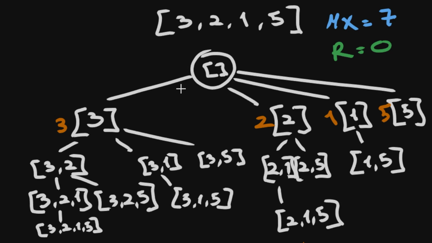So let's say we are trying to visit every node here, and we start from here, from top left. And we are visiting every node we can touch from the left side. So we start from the root, and we continue, and now we can touch this node from the left side, so we visit 3. The bitwise OR up to this point is 3. Next we continue and we visit this node.